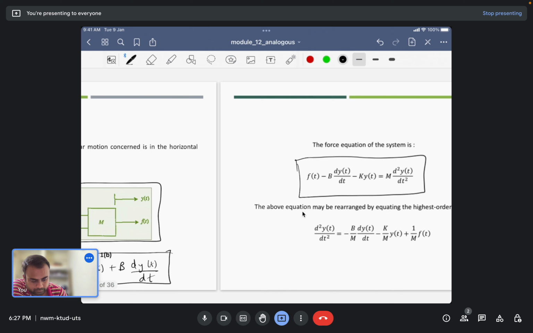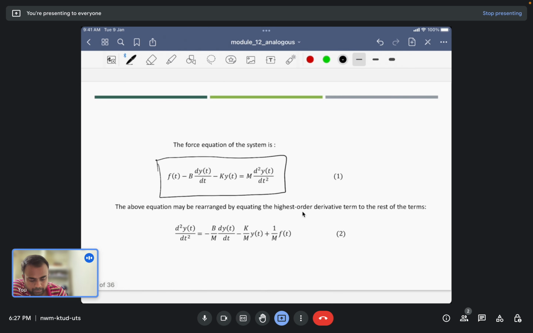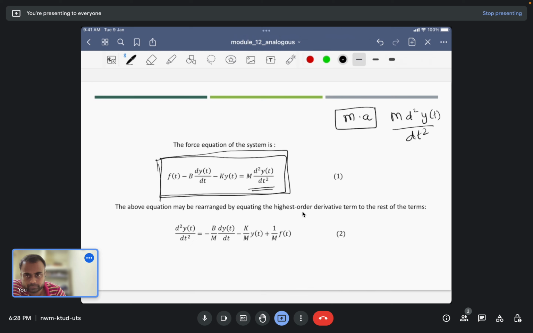So f of t minus b into dy by dt minus k into y of t is equal to mass into acceleration, that is m into d square y of t by dt square. So this is the term if there is motion, that is f is equal to ma.